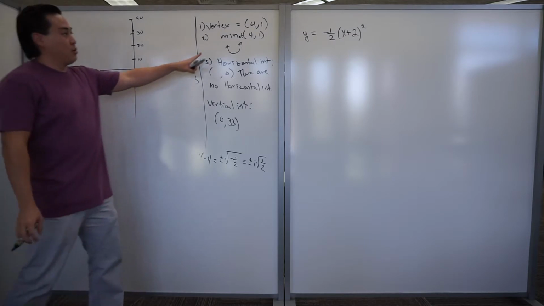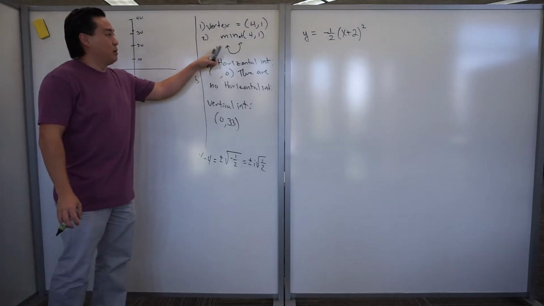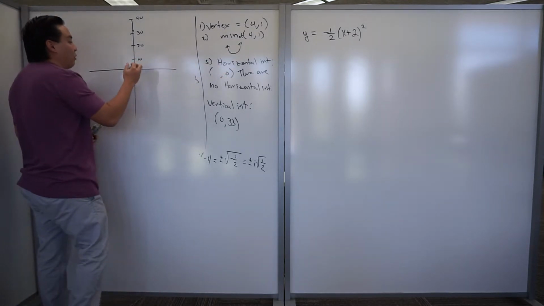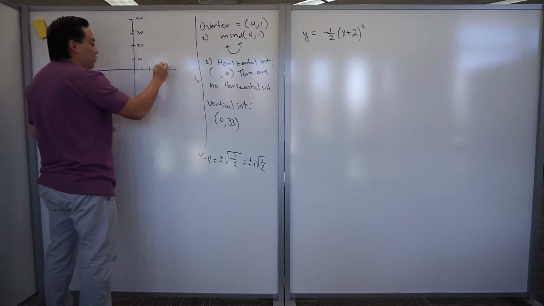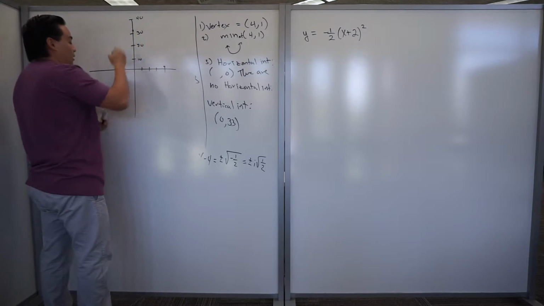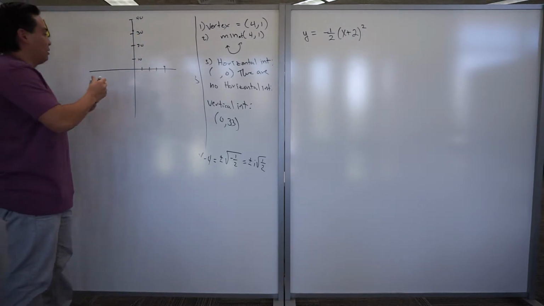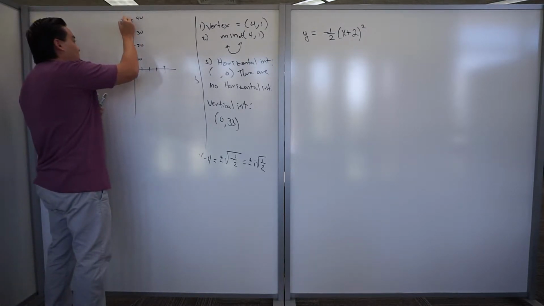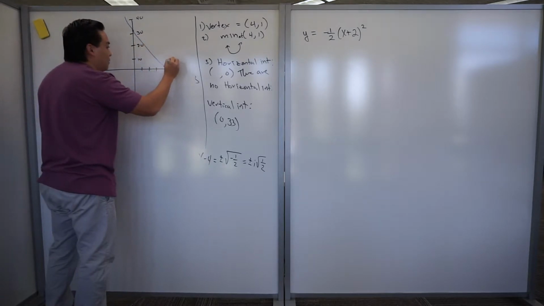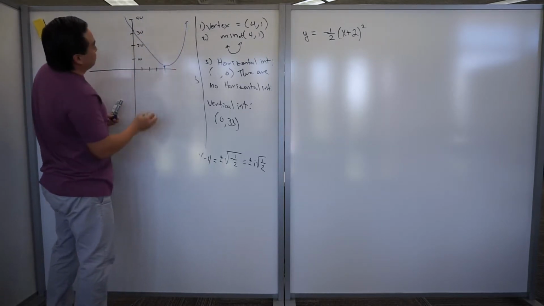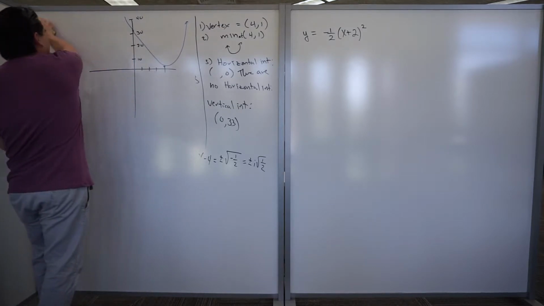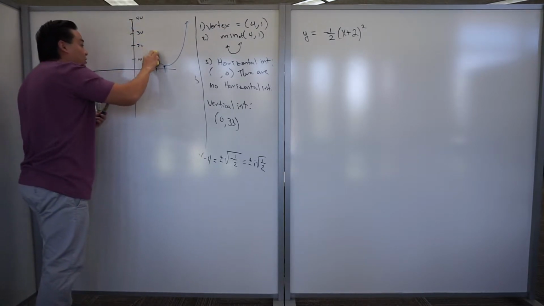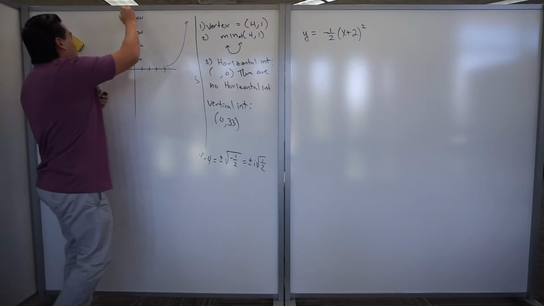We also know that the graph points up and has a min at 4, 1. So 4, 1 is down there. And our graph looks like that. Sorry, it should be symmetrical, so let me go ahead and redo that a little bit.